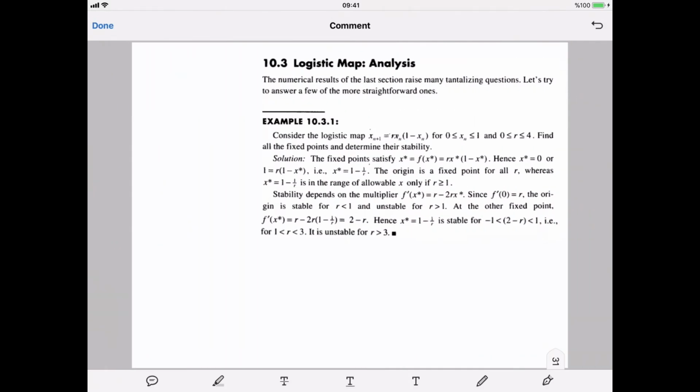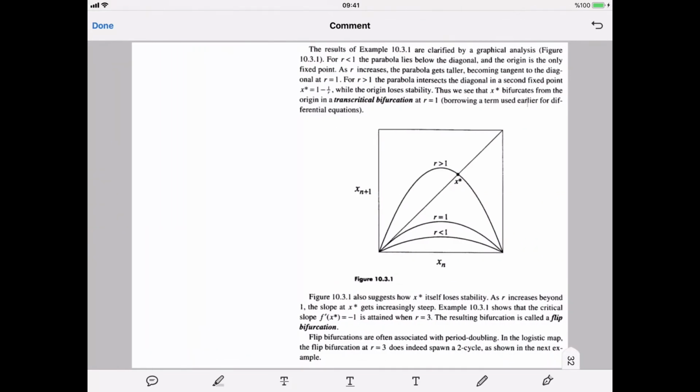So I was actually planning to go into very much detail of this one, but we lost a lot of time. So just let me tell you that by the fixed point analysis that I just mentioned, you can show that certain points will be stable until you reach some R value, etc. Okay? Let me tell you how this one appears.